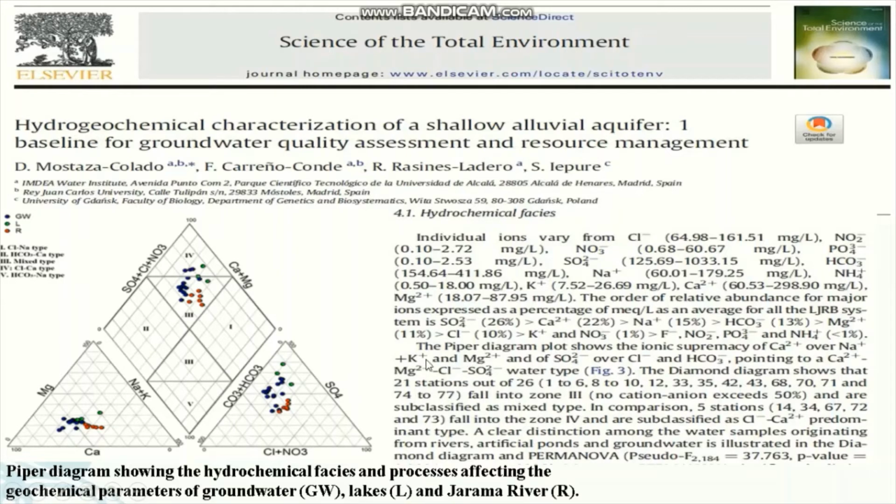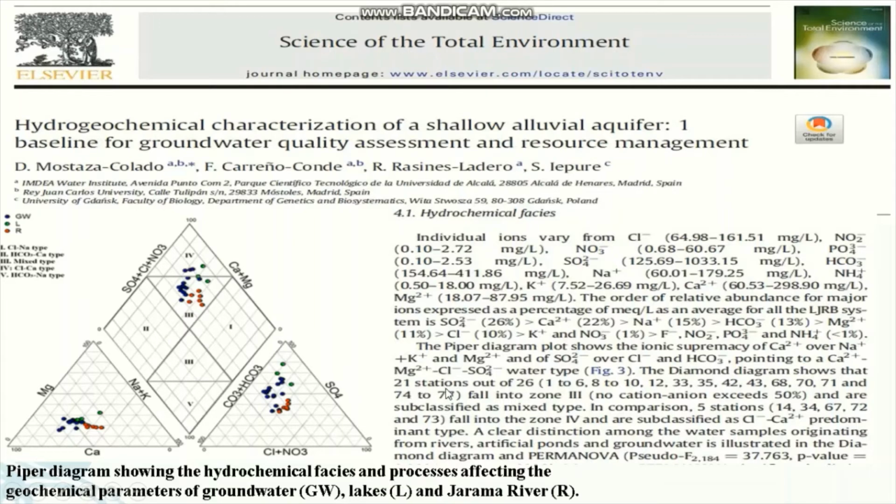Now here the Piper diagram plot shows the ionic supremacy of Ca plus over Na plus, K plus, Mg plus and SO4, Cl, HCO3, pointing to a Ca plus, Mg plus, Cl plus SO4 water type, and the diamond diagram shows that 21 stations out of 26. So here maybe it is 21, if you count this maybe it is 21, and the remaining 5 over here.